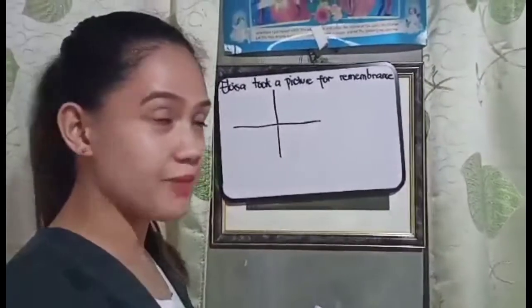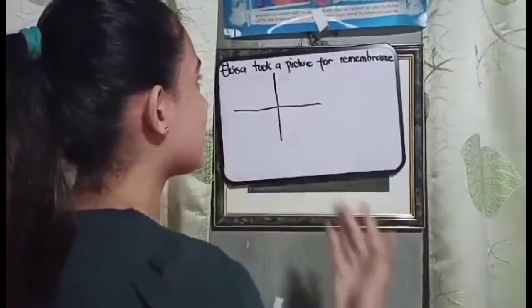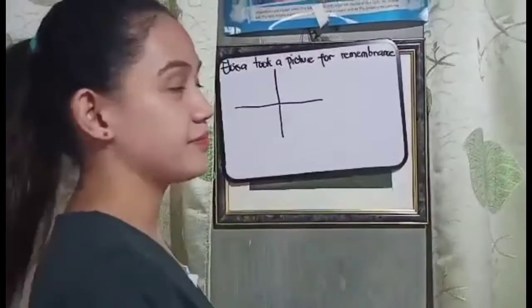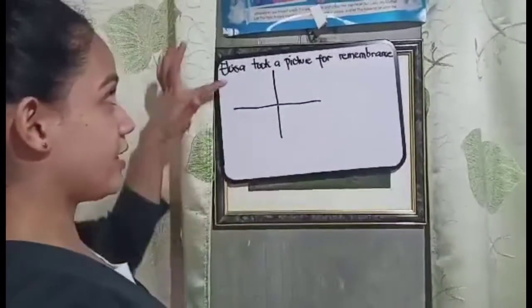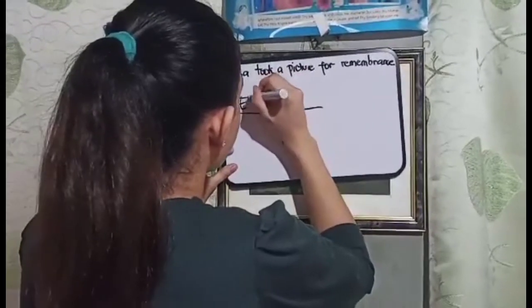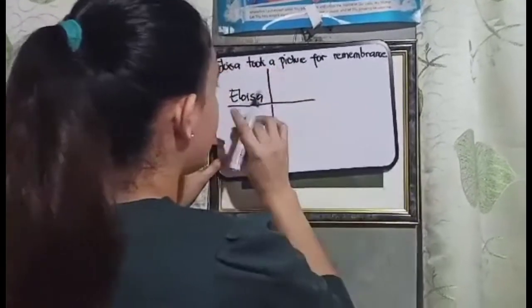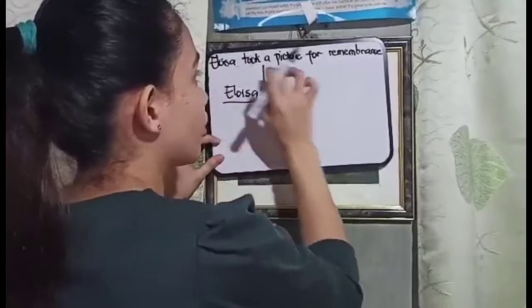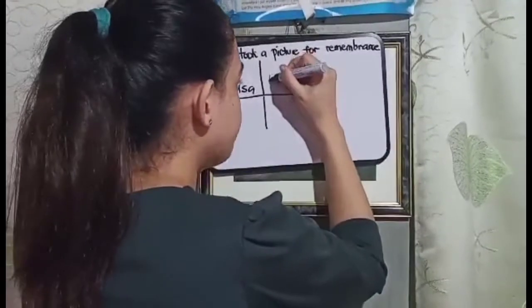In the sentence, let's analyze what the subject is. The subject here is Eloisa. Let's write it here on the left side. Eloisa took. So took is the transitive verb.